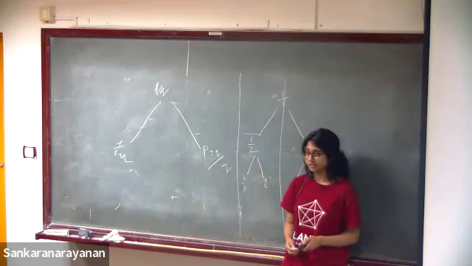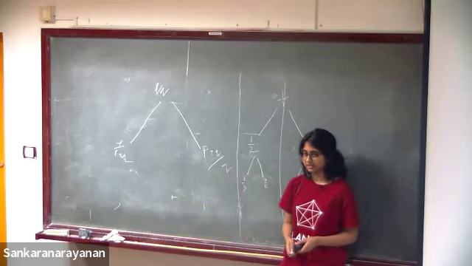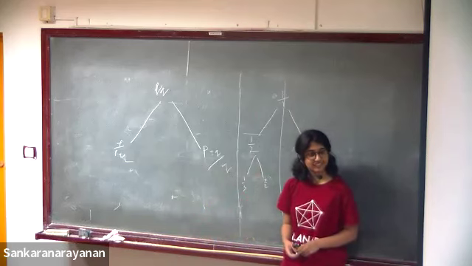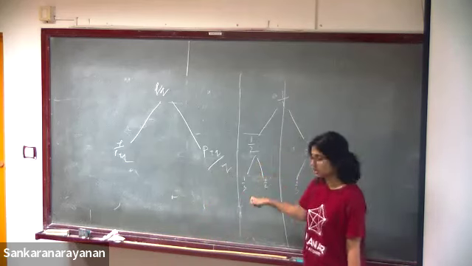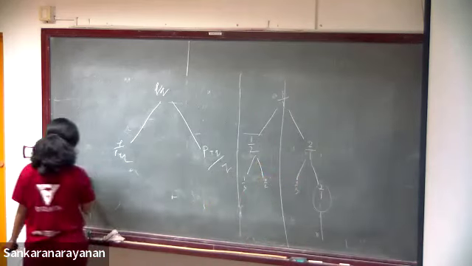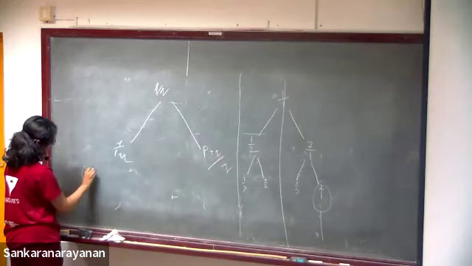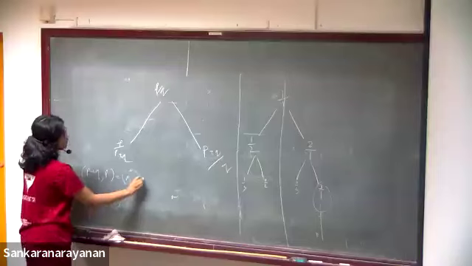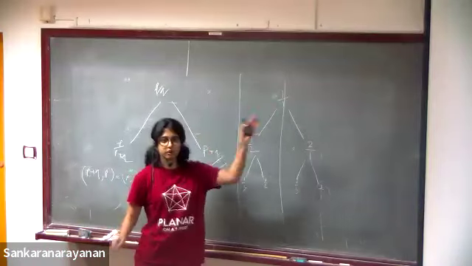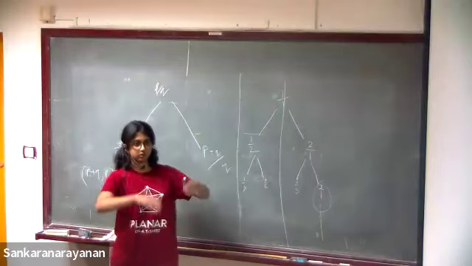Any more conjectures? If anybody is getting bored, because the GCD is always preserved. Because GCD of P plus Q by Q is GCD of P comma Q. And I have assumed that 1 comma 1 has GCD 1.